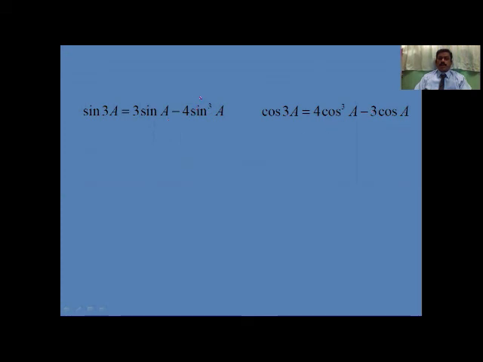So here we can write the first term for cos, that is 4 cos cube A minus 3 cos A. So therefore the cos 3A formula can be remembered by the sin 3A formula: 4 cos cube A minus 3 cos A. I hope through this video you learned some formulas and how to memorize the formulas.